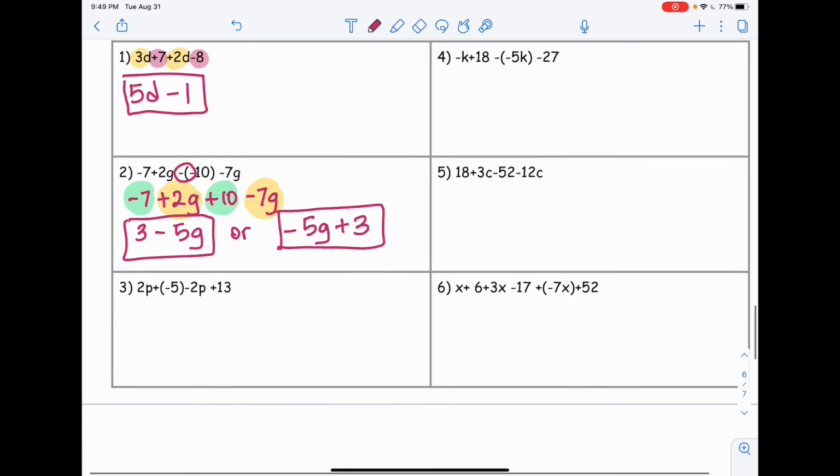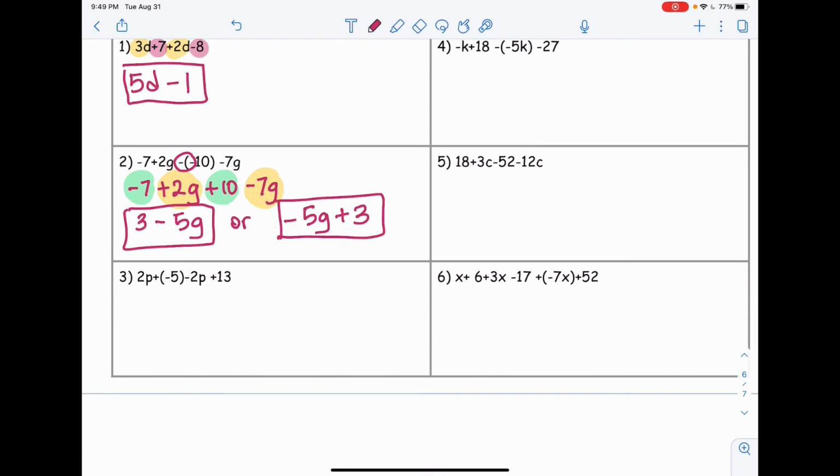Question number 3. Same thing, I would like to rewrite this expression first. So 2p, because you have 1 plus sign, 1 minus sign, here it is going to be negative 5, or just minus 5 minus 2p plus 13. And then from here we can combine like terms.